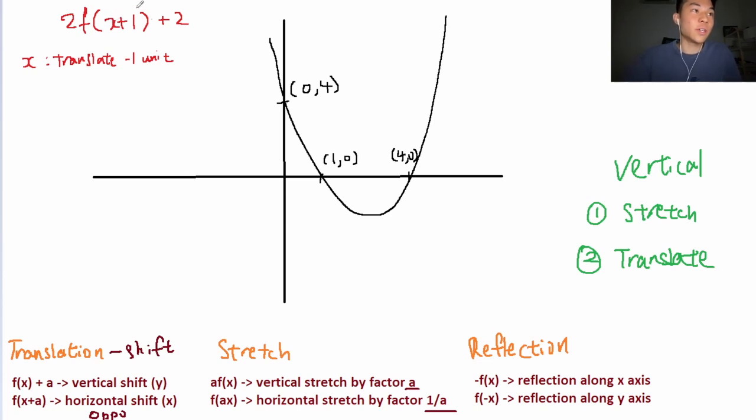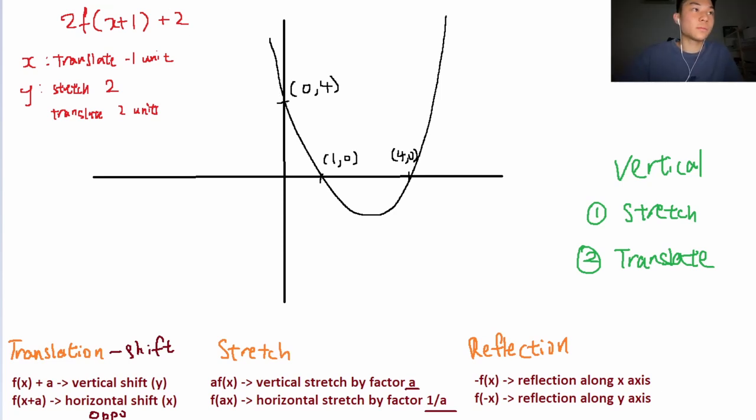So now let's look at outside the bracket. We have 2 times f of x, so we know that is stretch by factor 2. And then we have plus 2, so we know that is plus, so we translate 2 units up, right? Translate 2 units up.